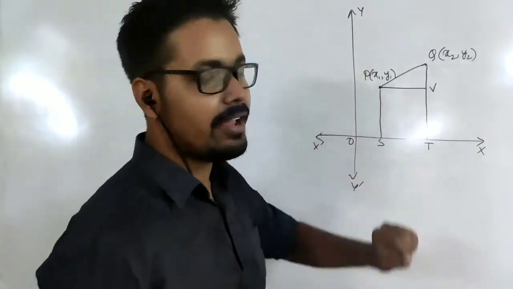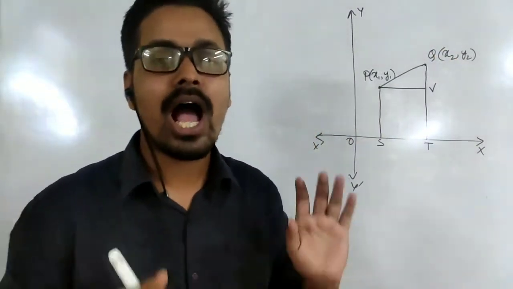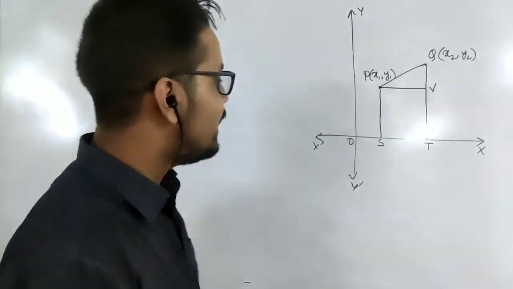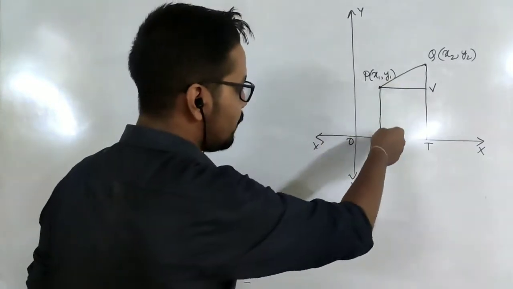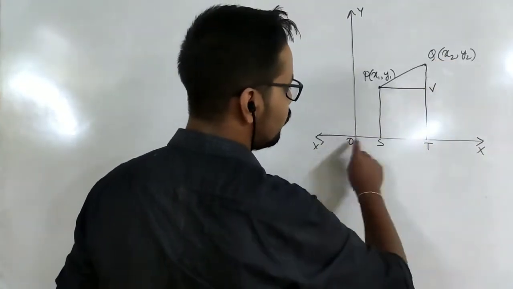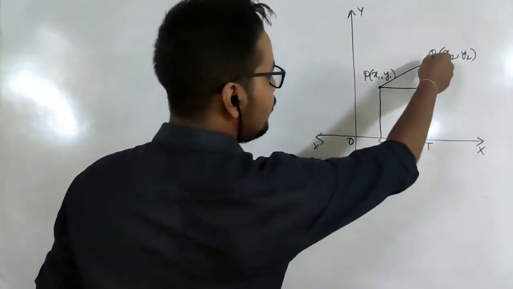I have point P having coordinates x1, y1. I have point Q having coordinates x2, y2. I want to find the distance between them, that is, PQ. Fair enough? Now I have drawn one perpendicular PS on the x-axis, another perpendicular QT on the x-axis, and another perpendicular PV on QT.